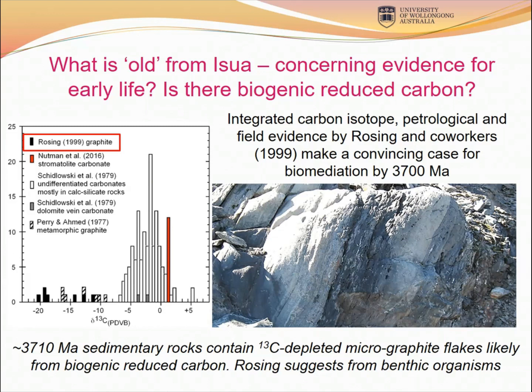What is shown here also as a red bar is stromatolite carbonate. In other words, we're looking not at reduced carbon, but carbon which is forming part of an oxygen-bearing mineral. We'll be looking at that in a little while.